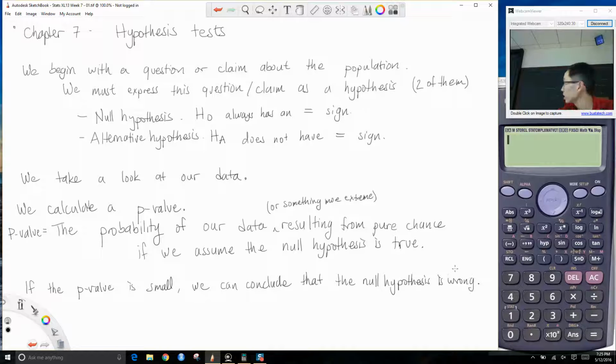And on the other hand, if the p-value ends up being large, we are unable to conclude that the null hypothesis is wrong.